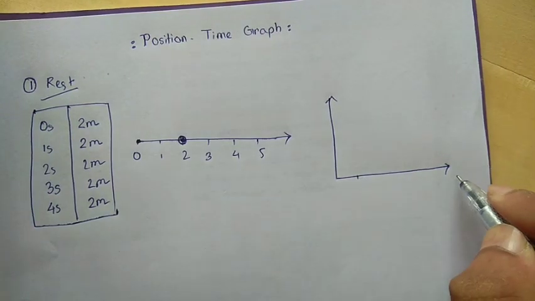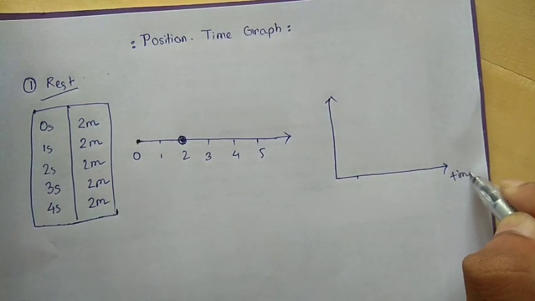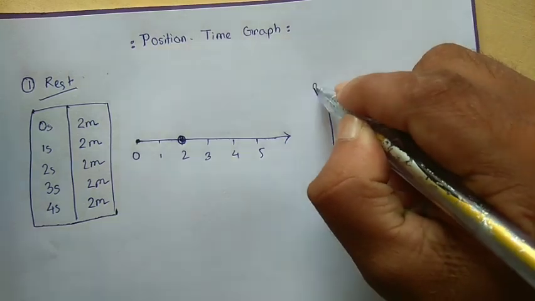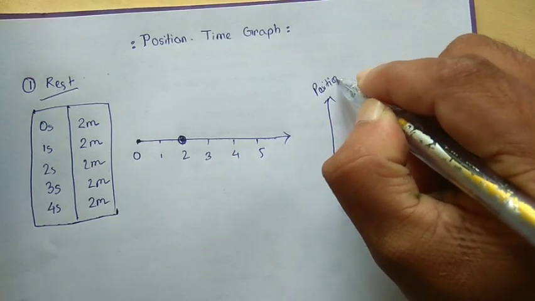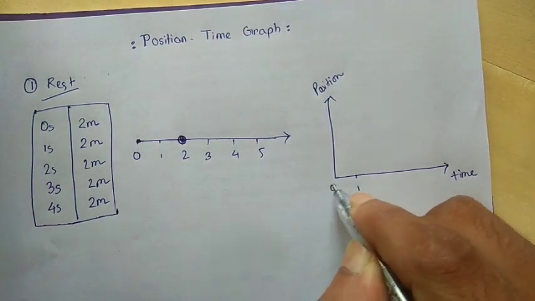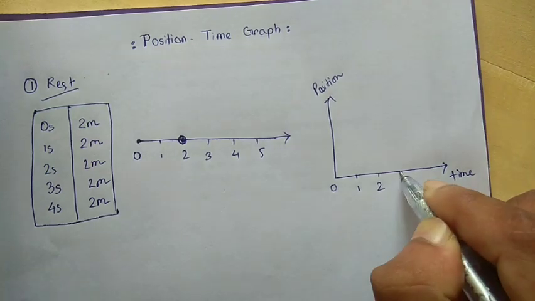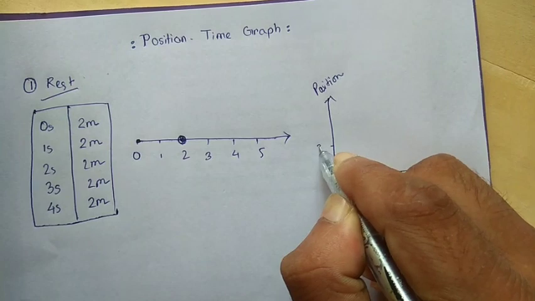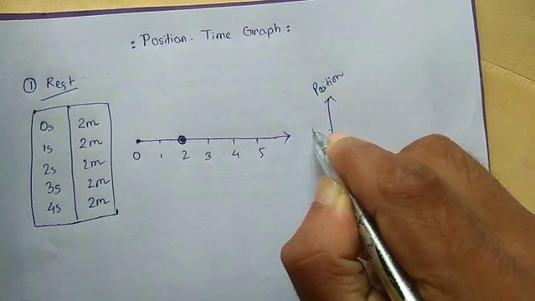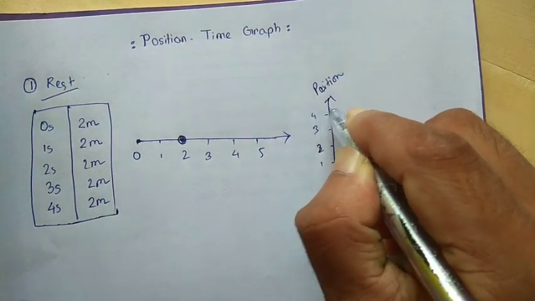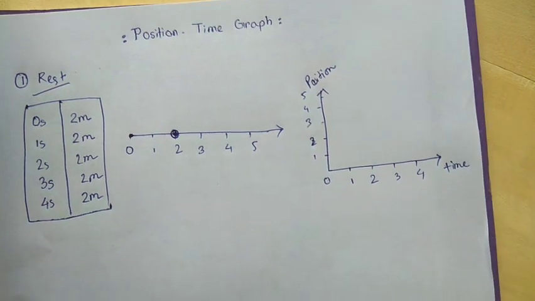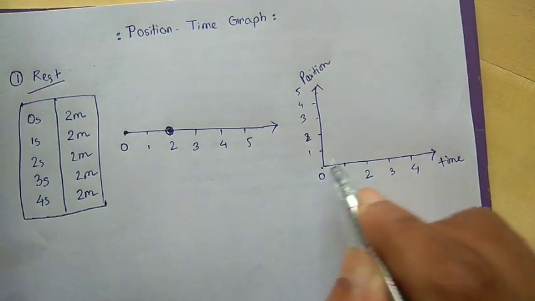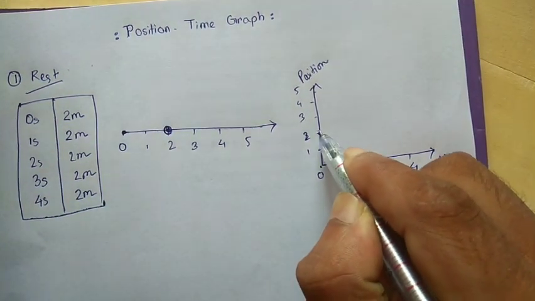and in the x-axis we have taken time and in the y-axis we have taken position, then for 0 second the body is at 2 meter.